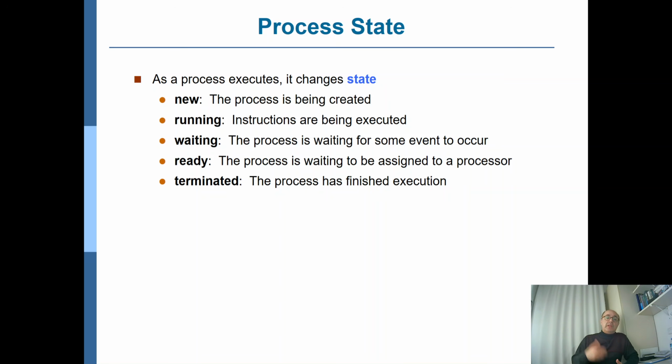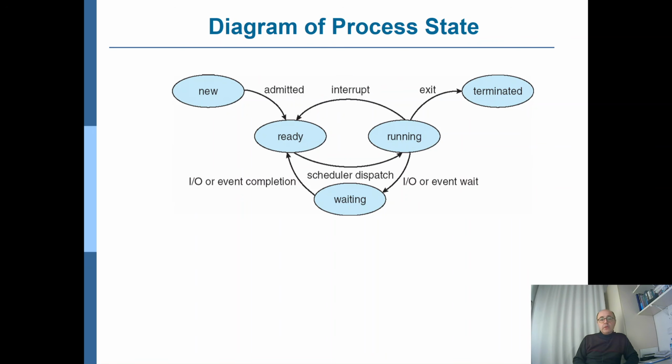CPU is never allocated to a terminated process, but still, the process is not completely gone yet. So we can explain this state transition of the process state, as you can see in this figure.